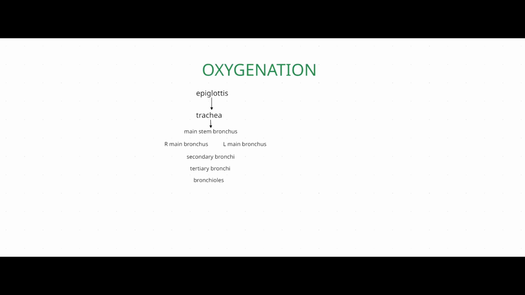Now, after all of this, the structure that attaches to the bronchioles is the alveolus. So now we're not in the airway anymore. What is the alveolus? It's a sac.